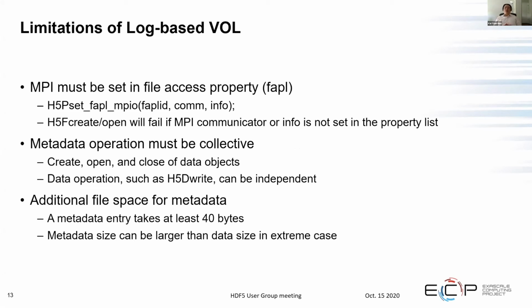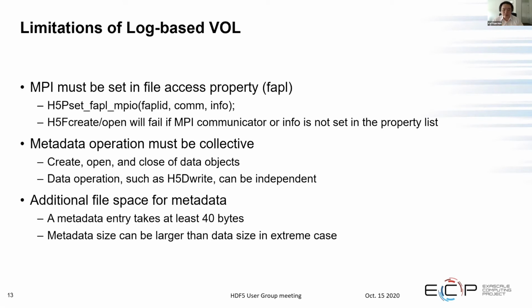Currently, there are some limitations in our implementation design. The first is, since this is for parallel I/O performance, we require it to only work with MPI I/O. So if the user wants to use the log-based VLL, they need to set the file access property with MPI information.